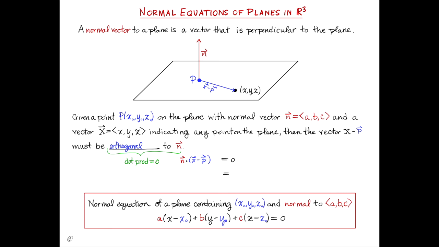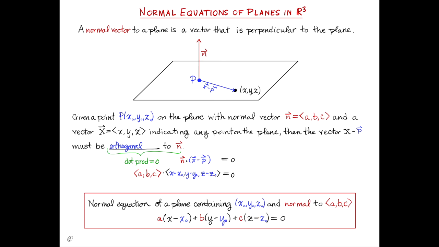And so, since we know that the normal vector has the components a, b, c, substituting that in, and taking its dot product with x minus x naught, y minus y naught, and z minus z naught equal to 0, simplifying, finding that dot product, then we would have a times x minus x naught plus b times y minus y naught plus c times our z minus z naught equal to 0.